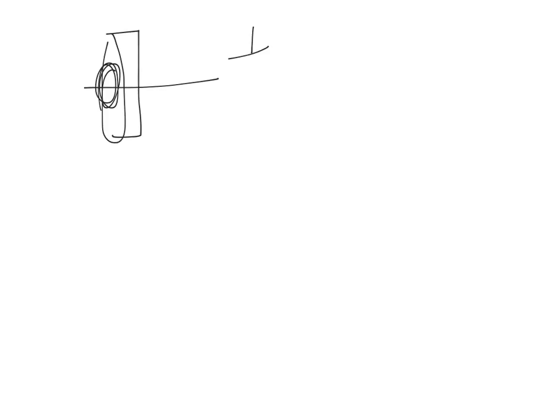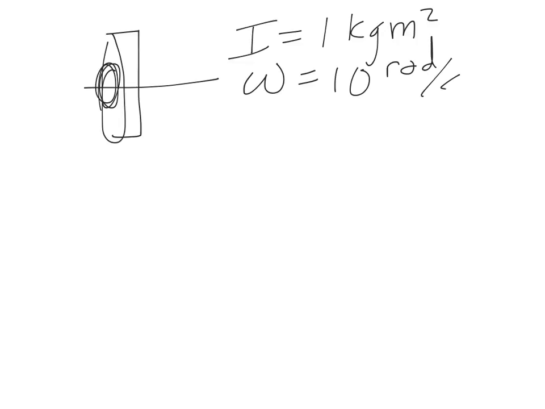And it's got a moment of inertia of 1 kilogram meter squared. And the initial angular velocity is 10 radians per second. Alright, an identical disk which is not rotating is slid along the axle until it makes contact with the first disk. If the two disks stick together, what is the combined angular velocity? So we'll have a second disk over here, and it's going to move towards that.